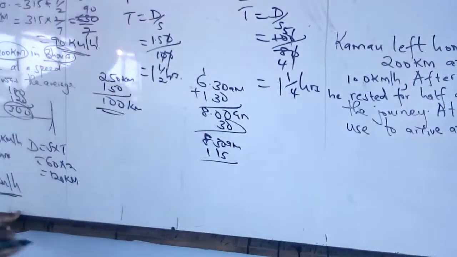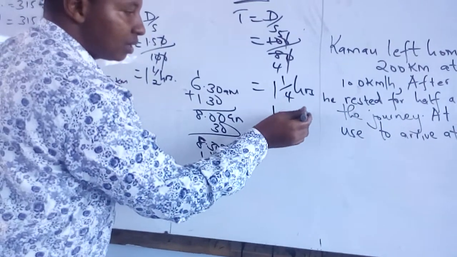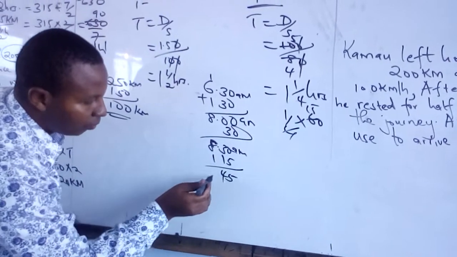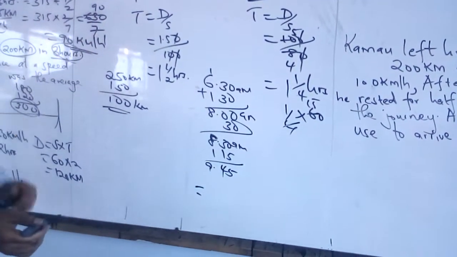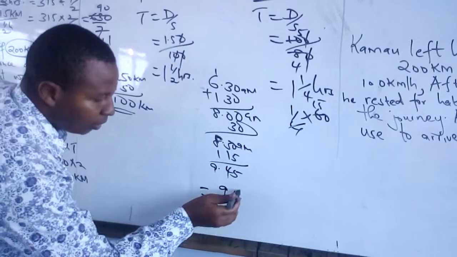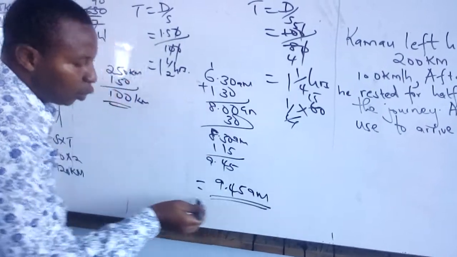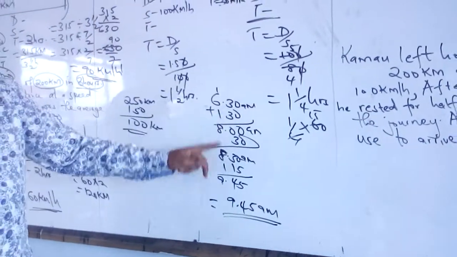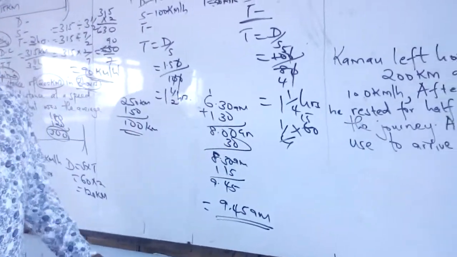A quarter of an hour is a quarter times 60, which is 15 minutes. So the person reached at 9:45 a.m. Why a.m.? It has not gone past 12. It remains in a.m.